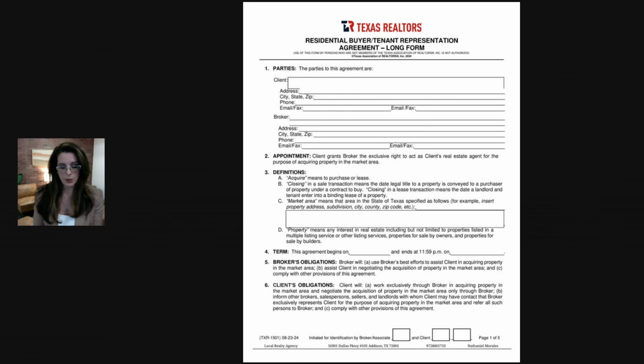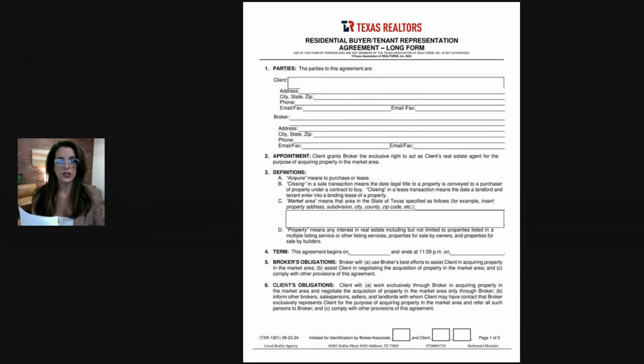This is the appointment. Here, the client grants the broker the exclusive right to act as client's real estate agent. This is a contract. It is not a notice like much of the representation paperwork you give your clients, such as the wire fraud notice, the information about brokerage notice, and the general information to buyers and sellers notice.